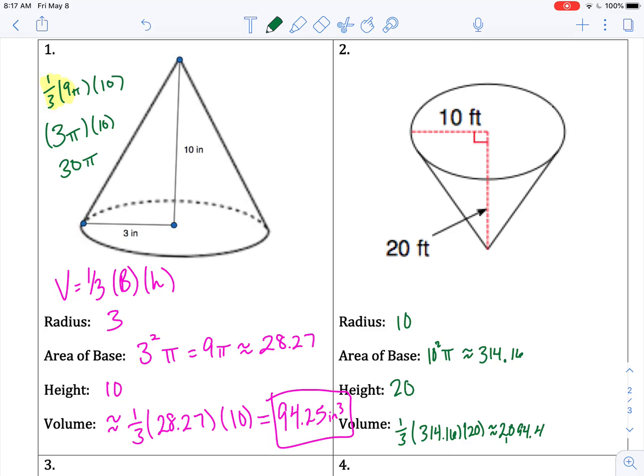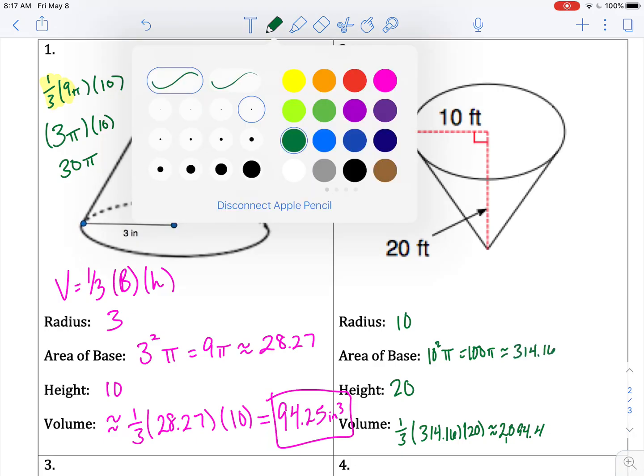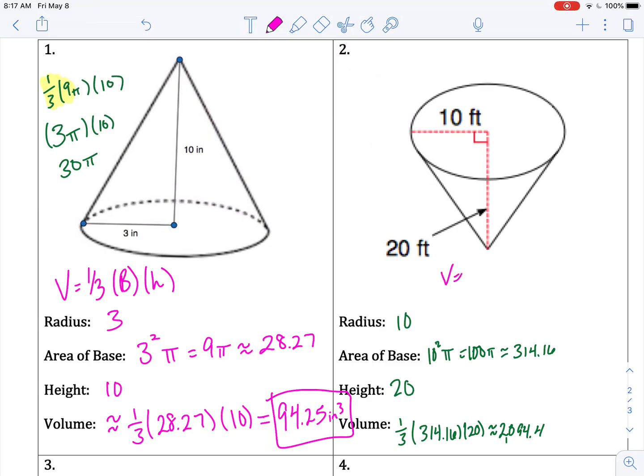And if I wanted the exact measurement, then I'm going to take this 10 squared times pi, or 100 pi. Let me rewrite that first. 100 pi, so volume would be 1/3.